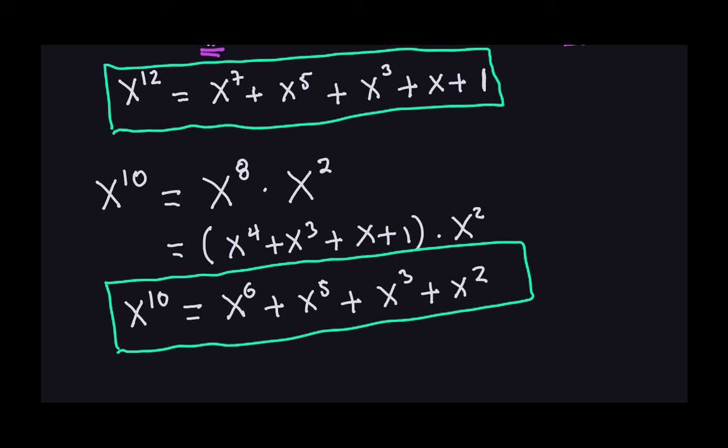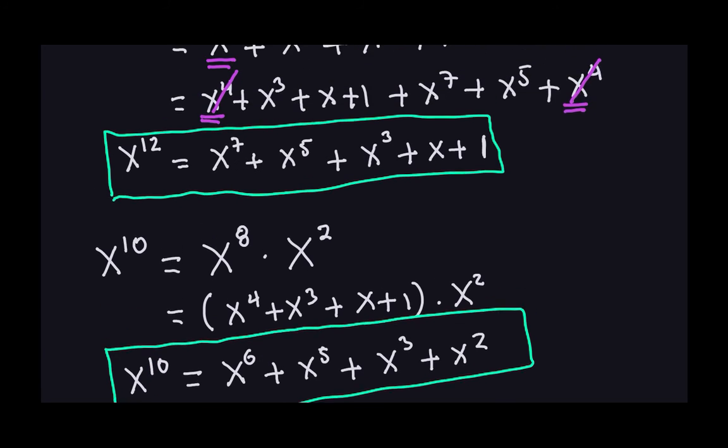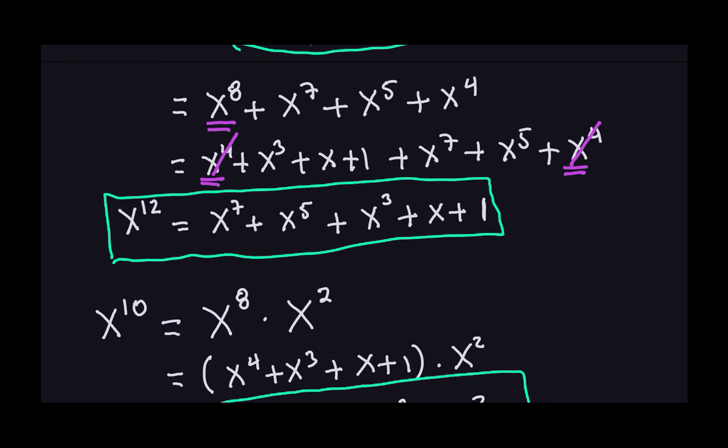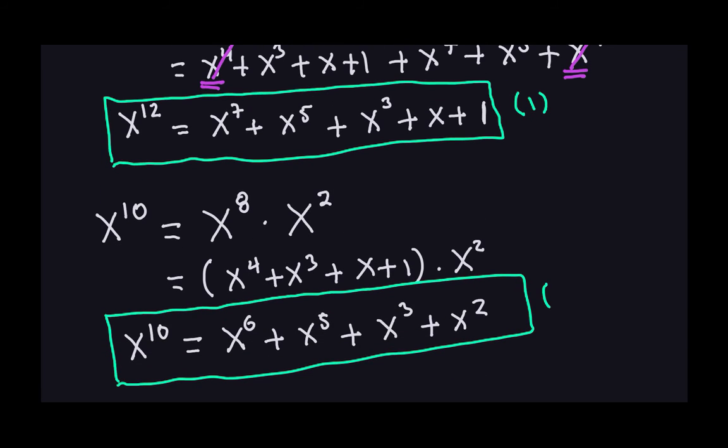So we have reduced x to the 12 and x to the 10 to polynomials of degree less than 7. Now, let me call this equation number 1, and let me call this equation number 2.